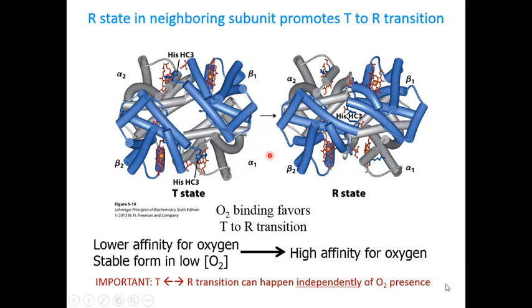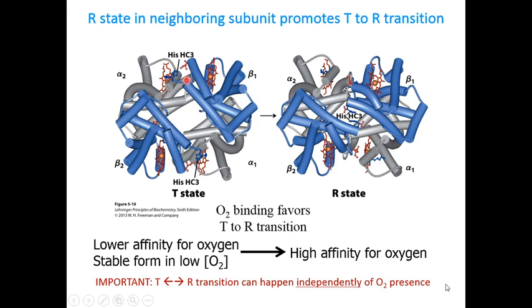In this process, some ion pairs that stabilize the T state are broken and some new ones are formed. For example, if you look closely at this structure, there is a histidine here which forms an ion pair or electrostatic interaction with an aspartate.